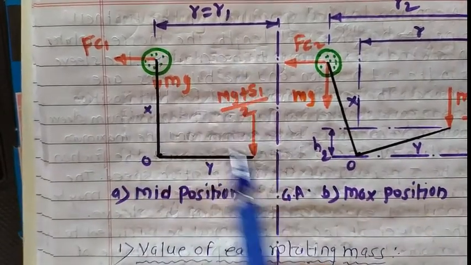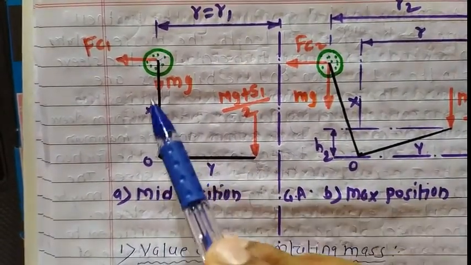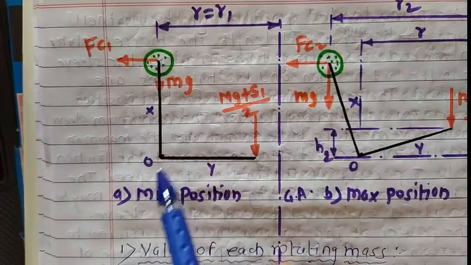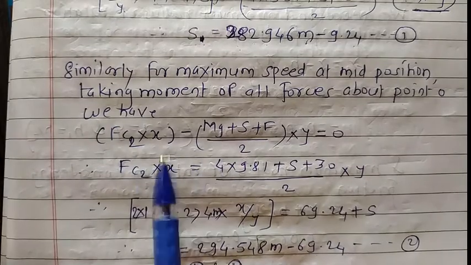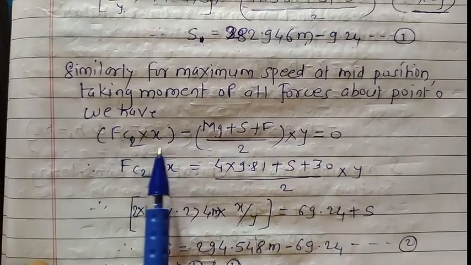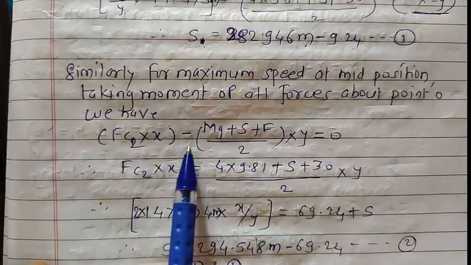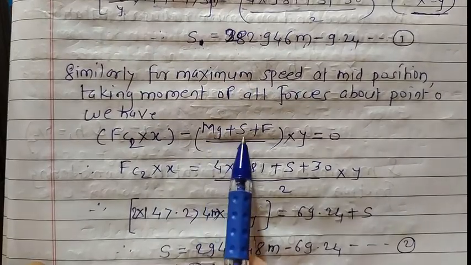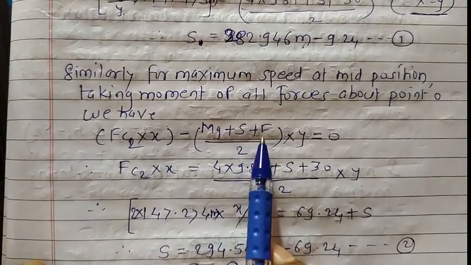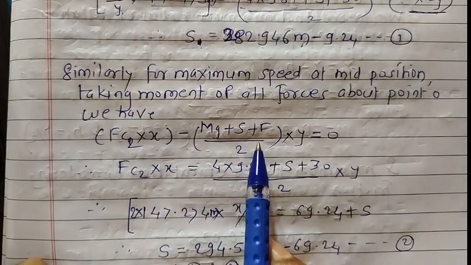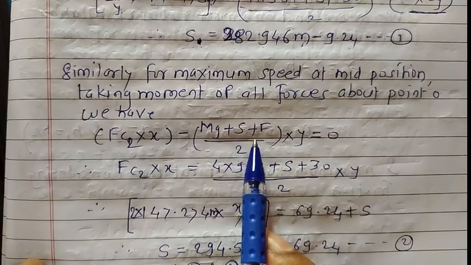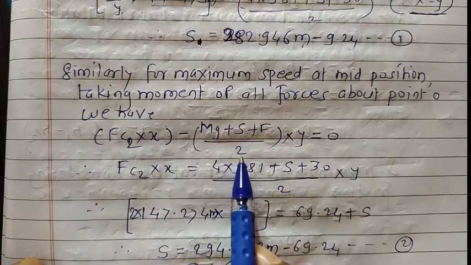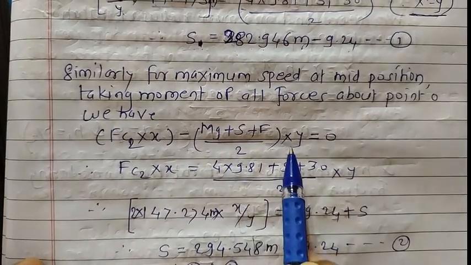The relation developed is: fc2 multiplied by x minus (mg plus s) divided by 2 multiplied by y. The change will occur here corresponding to maximum speed at the mid position: the plus sign should be given for this one.